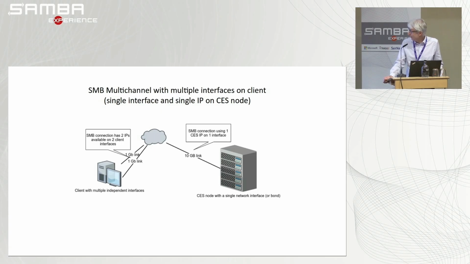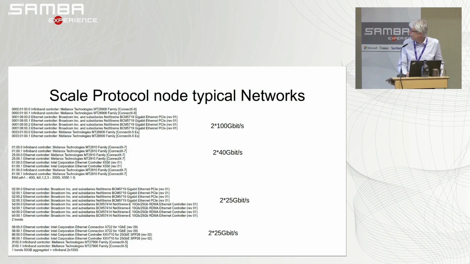And that all works because we are in 2026 and interface speeds are no longer such a concern. If I look at a typical configuration of our protocol nodes, these are 4 snippets of lspci taken from recent customer cases to see what configurations they have.